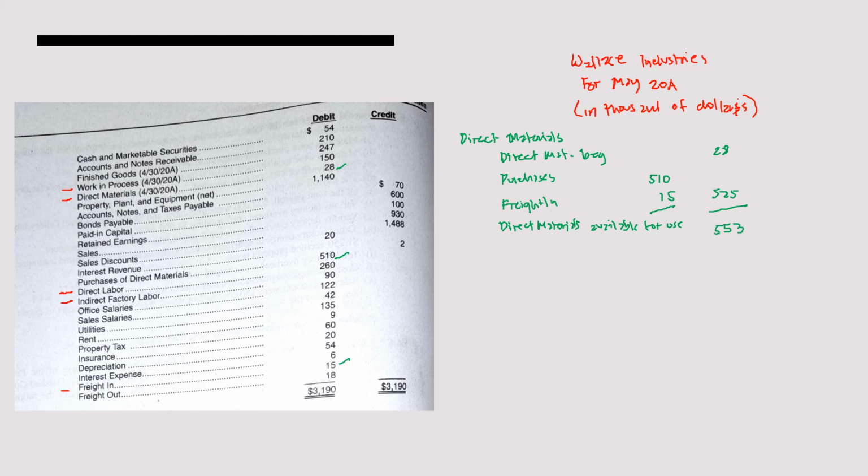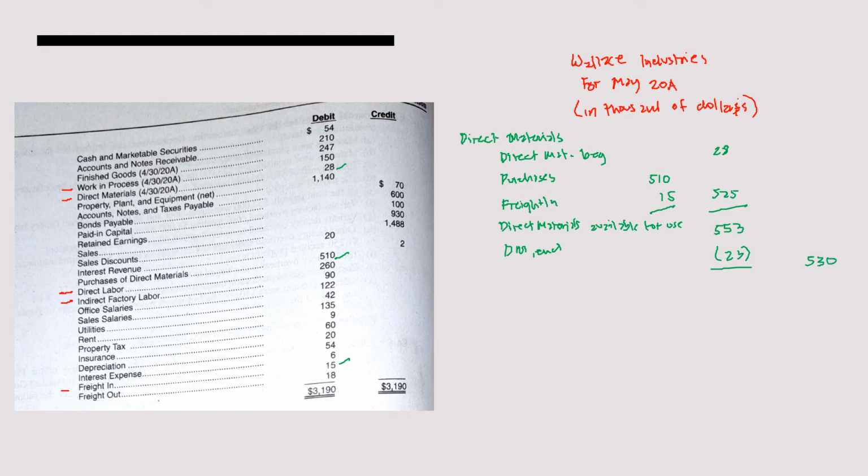And then based on the additional information, the work in process end, I'll just use WIP. Okay, sorry for that one. Not WIP. We call this one the direct materials end. Let's put DM end is at 23. So let's less 23. So the direct materials consumed is actually 530.